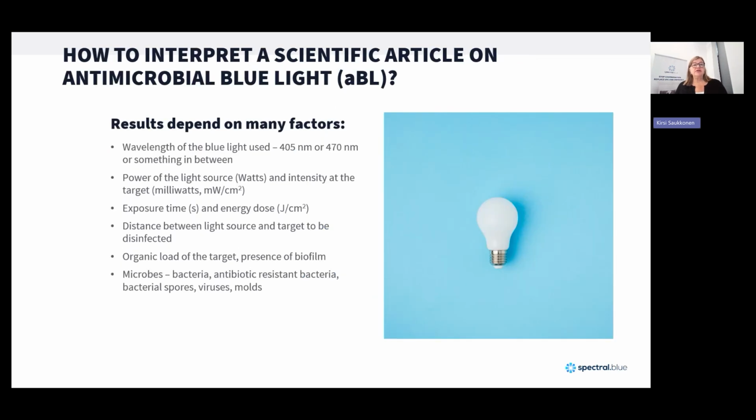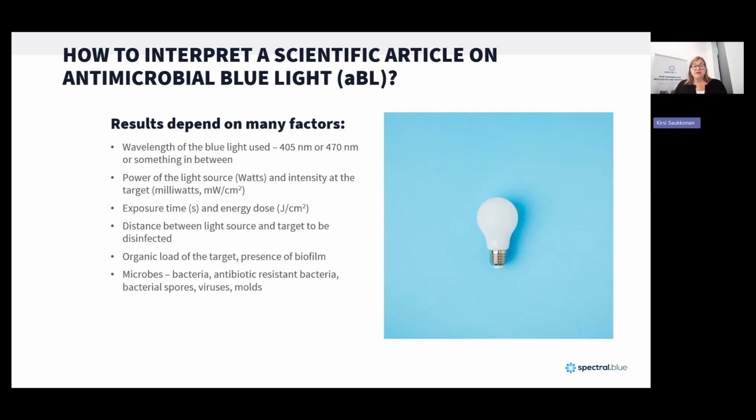And how to interpret a scientific article on antimicrobial blue light? Results depend on very many factors. The wavelength that is used: is it 405 only, or something in between, or is it a so-called multi-wavelength power source like the Spectral Blue lamps are?